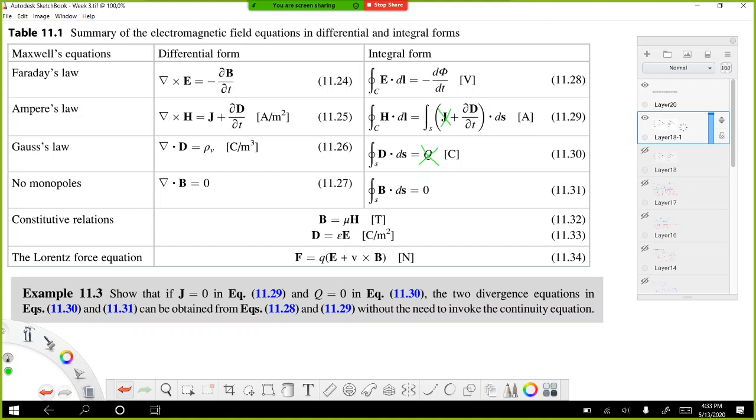Now we need to derive equations 1130 and 1131 from equations 1128 and 1129. Okay, let's proceed.